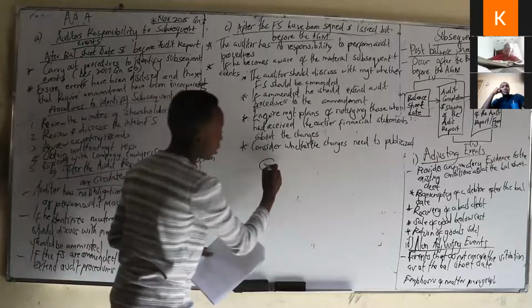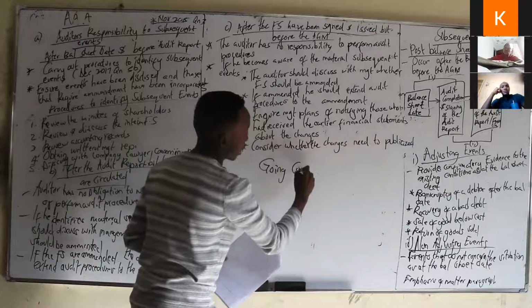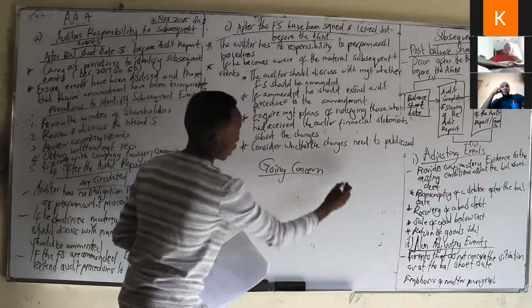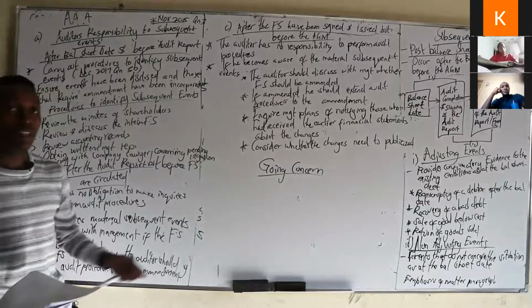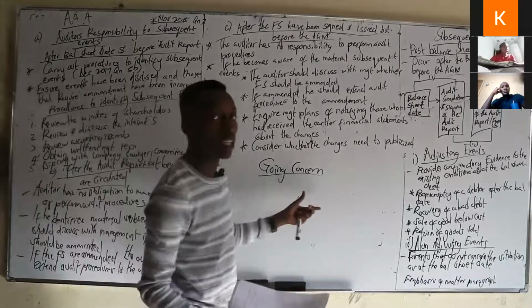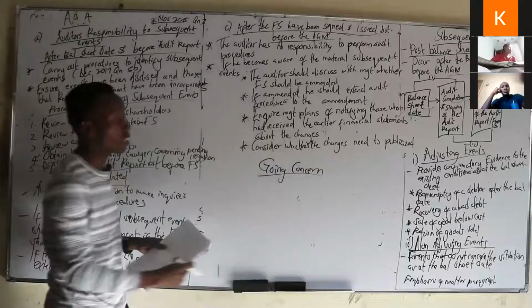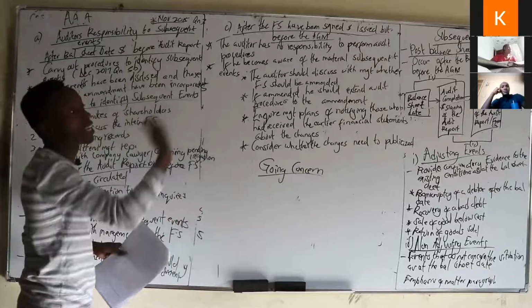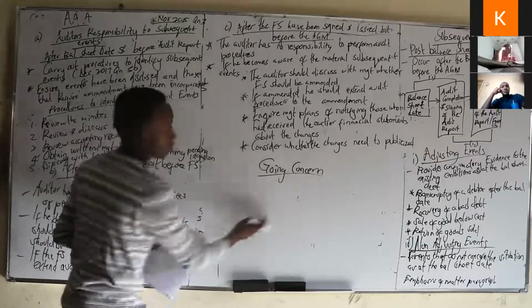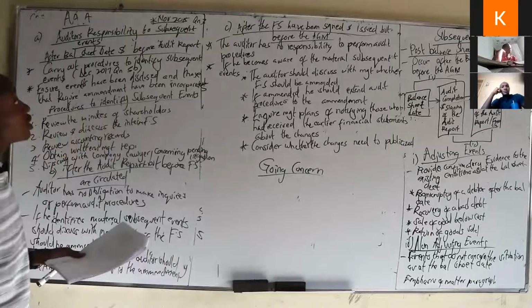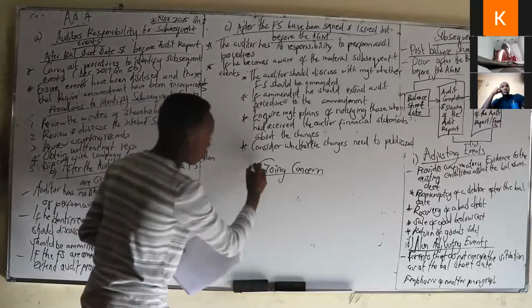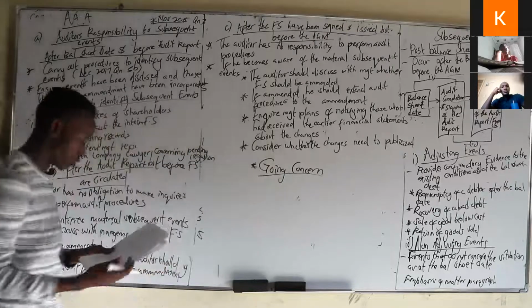Now, the next one is on the going concern of a company. What we discussed to be the going concern is whereby you're saying that the company will be in operation for the foreseeable future, that its operations will continue for the foreseeable future, and the auditor has to look for the indications of such a going concern in this case.